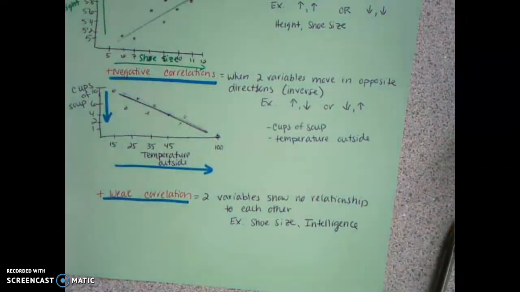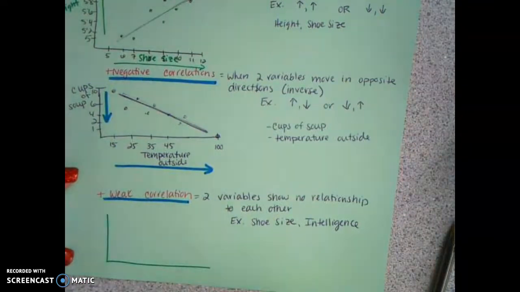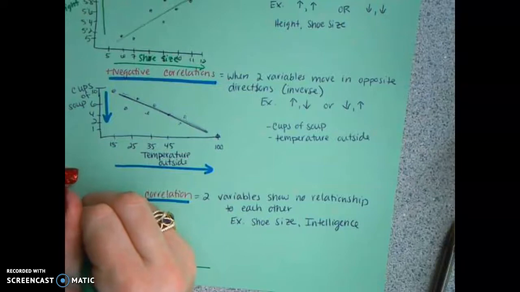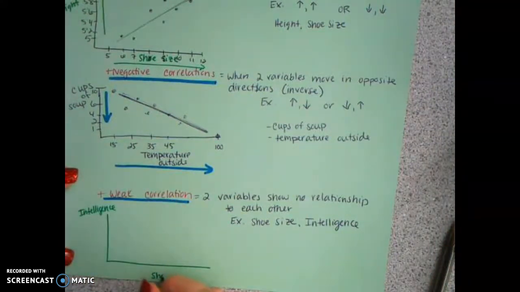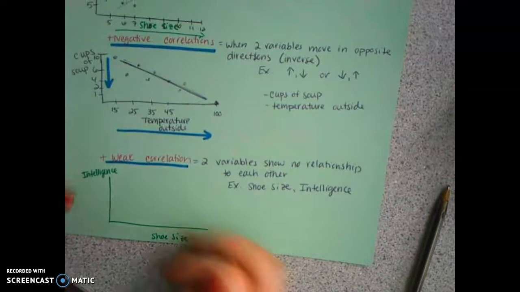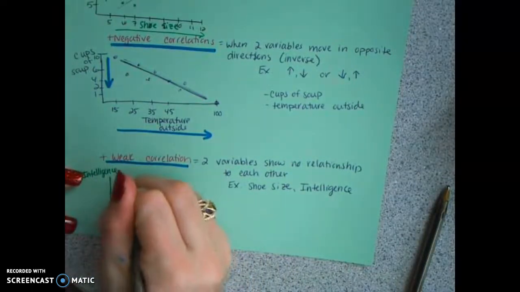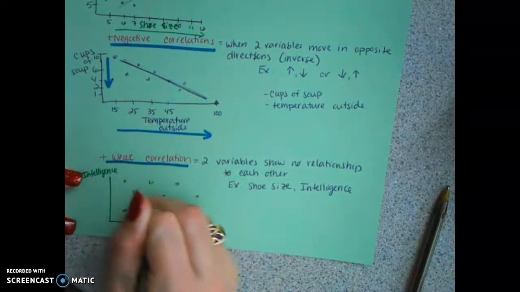So if we were going to do this again, you'd make a scatter plot. And let's say your vertical axis would be your intelligence based on an intelligence test, like what's your score on the intelligence test. And this would be your shoe size. And what would end up happening, as most of you would probably understand, is that your intelligence is actually not related to your shoe size whatsoever. So if we were actually doing this, you would get a scatter plot that looks kind of like this, where it's literally all over the place.